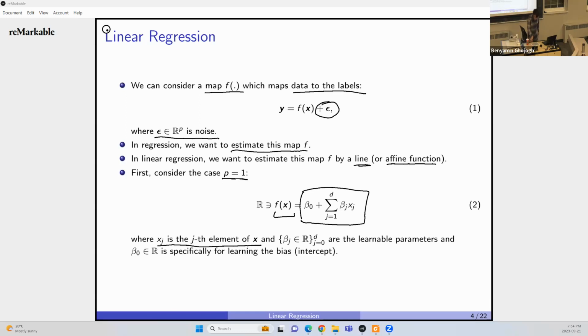Noise is because of the errors that I might have in my data. But bias is something else. For example, take the example of predicting the temperature and humidity from longitude, latitude, and pollution.